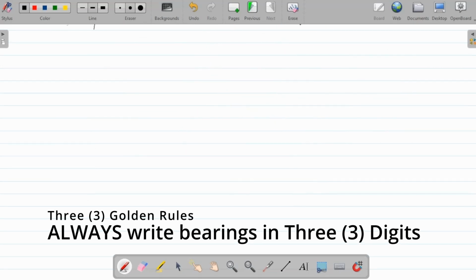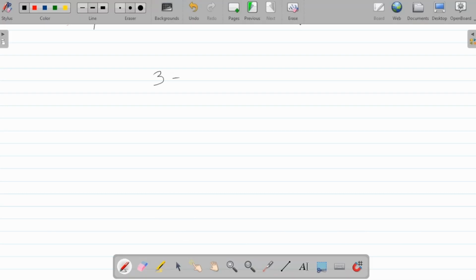Always write the bearing as a 3-digit number. A number means a measured angle.